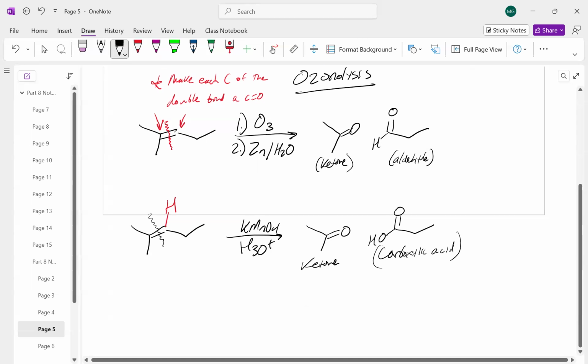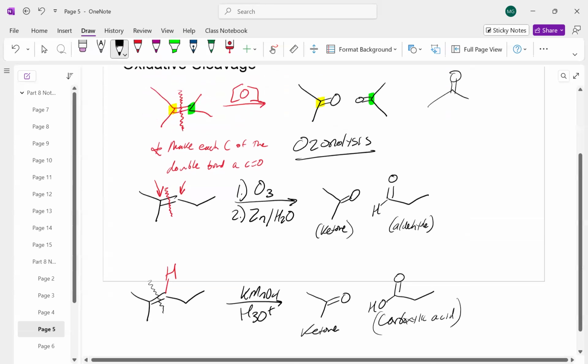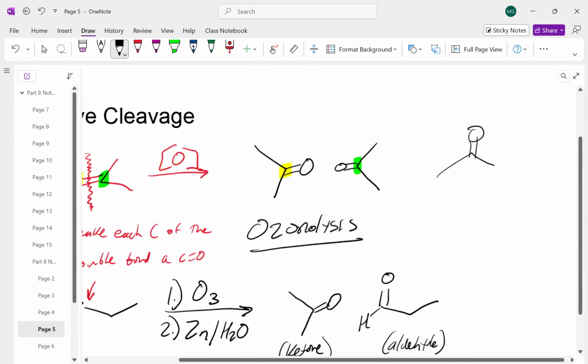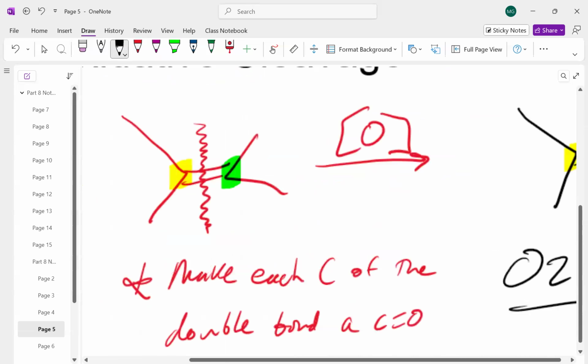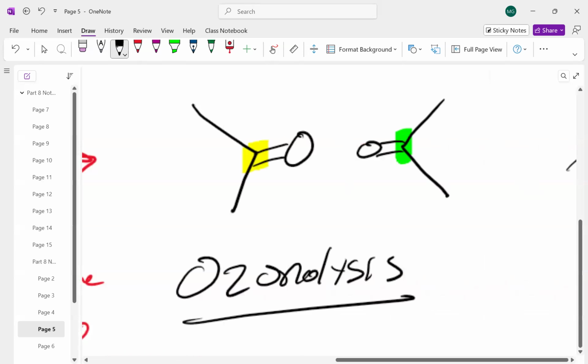So that will occur, as I said, if there is a hydrogen on either side of that carbon-carbon double bond. If there weren't a hydrogen there, like in this first reaction, where the alkene did not have a hydrogen on either side, I could use potassium permanganate and I would get the exact same products.